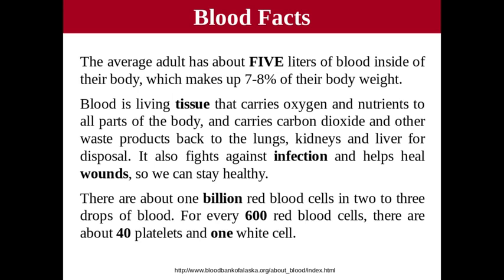It also fights against infections and helps to heal wounds so that we can stay healthy. There's an estimate that there's about 1 billion red blood cells in 2 or 3 drops of blood. For every 600 red blood cells, there's only about 40 platelets and 1 white blood cell. So we have far fewer platelets and white cells than we do red.